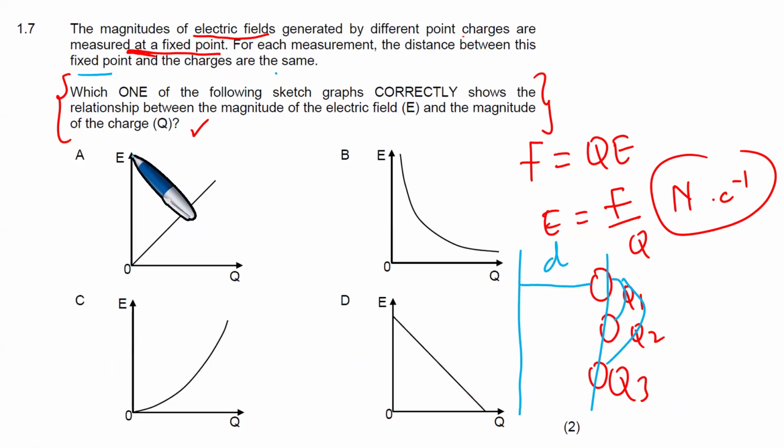So which one of the following graphs correctly shows the relationship between the magnitude of the electric field and the charge Q? Right, so obviously you really are spot on that the correct option here in 1.7 is going to be exactly option A.